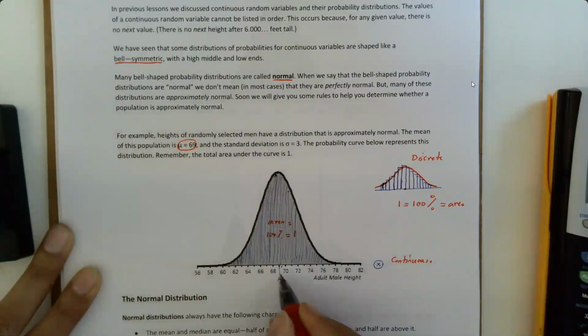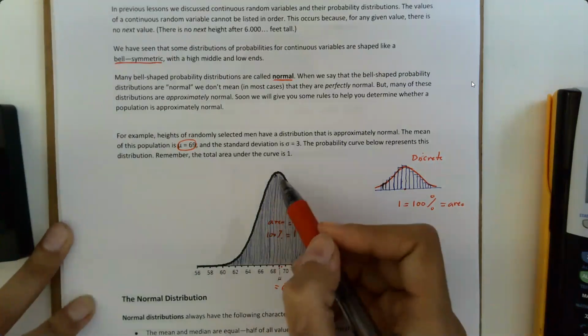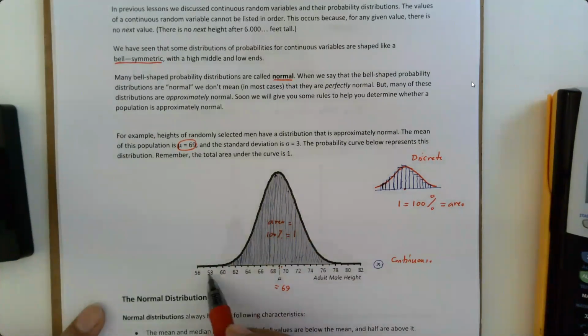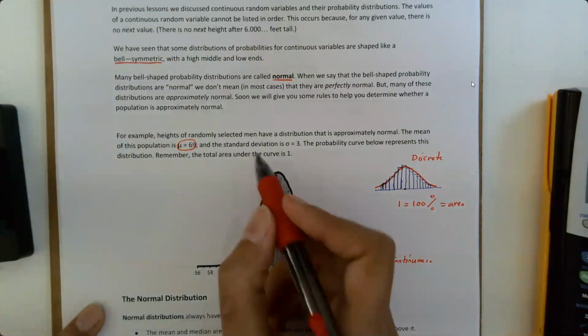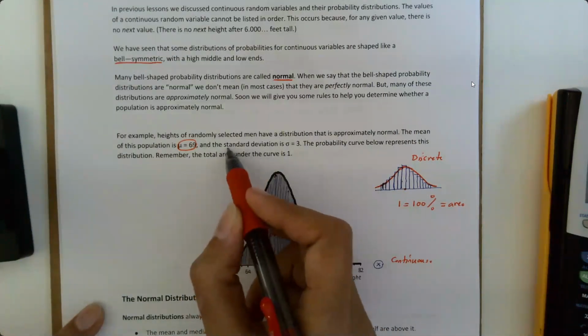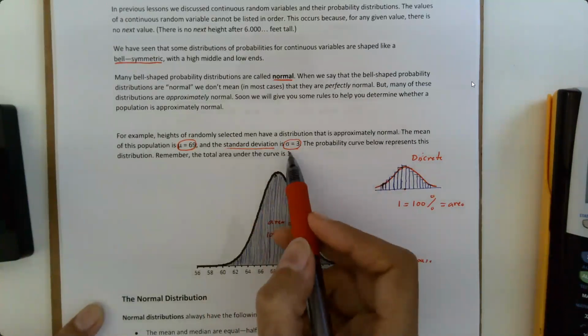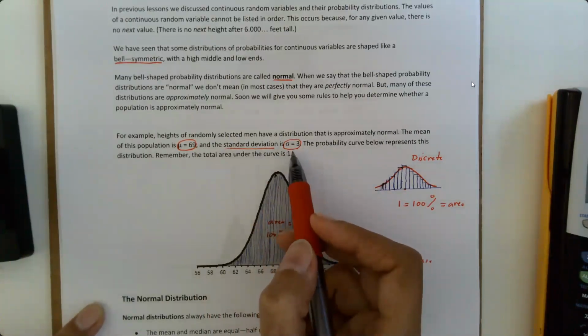This mean on the horizontal axis is 69. So if I ask where the mean is, you don't say the mean is up here. It's wrong. The mean is on the horizontal axis. They calculated the standard deviation, and after calculation, the standard deviation is 3.